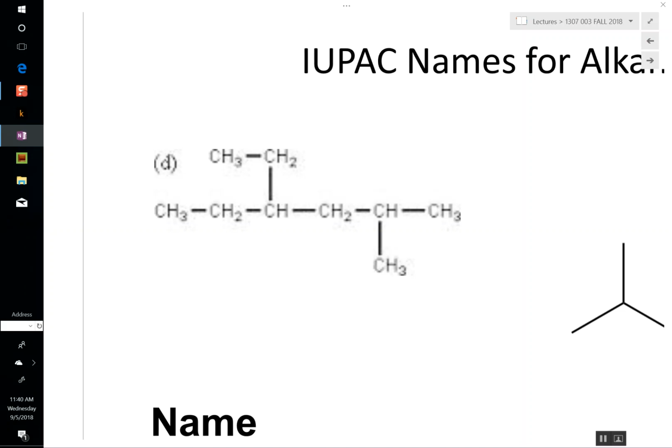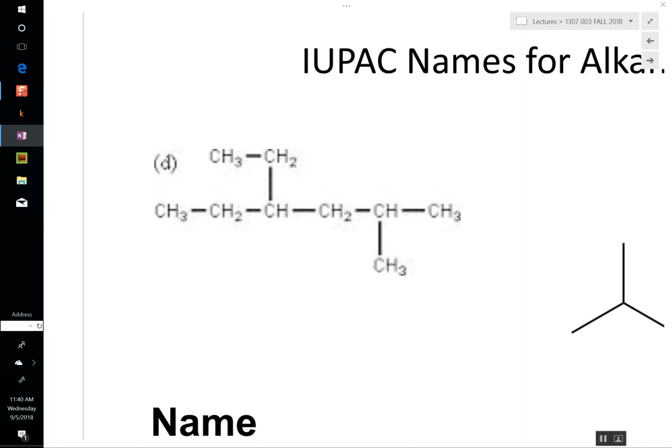You have the wrong numbers here. See, you numbered it 1, 2, 3, 4, 5, 6. But look at this. This is close to that. Oh, so you started this way? Oh, yeah. Okay. 1, 2.